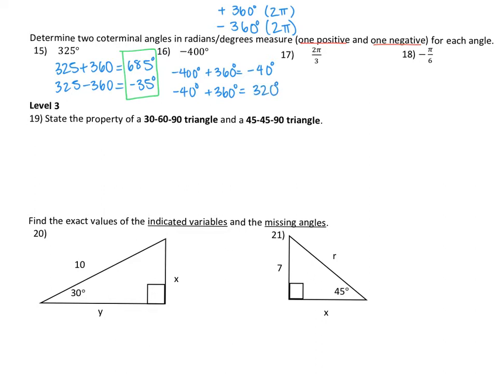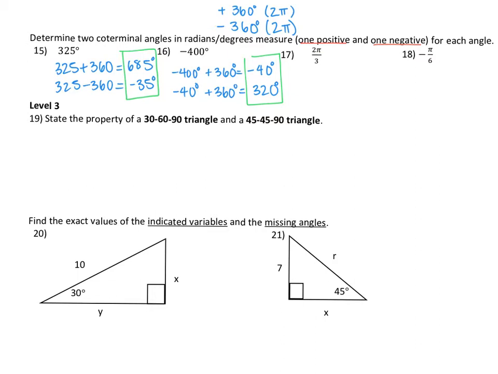And so now I have a coterminal angle that is negative and a coterminal angle that's positive. Notice that I didn't do the exact same step as the other side, and that's okay. The idea is that you're either adding 360 or subtracting to get a negative angle or a positive angle. All right, let's try radians here.